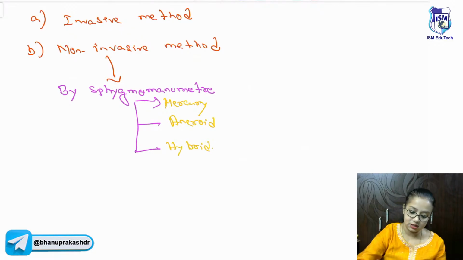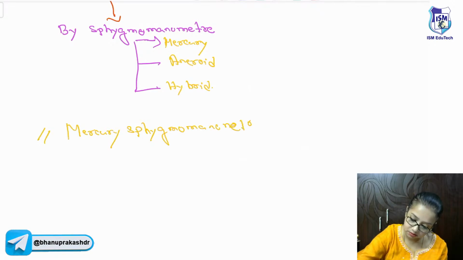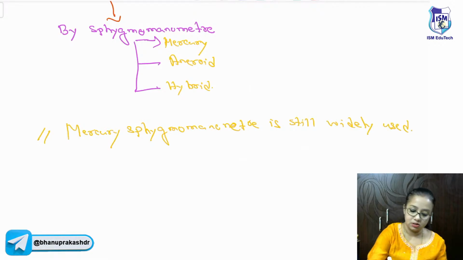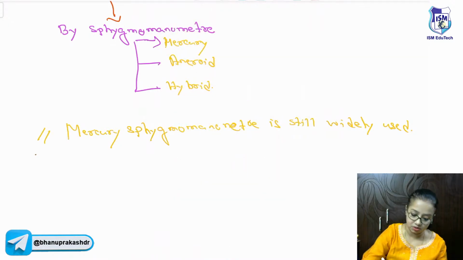Now, among all these, the mercury sphygmomanometer is still widely used, right? So, on what principle within the body does it work?